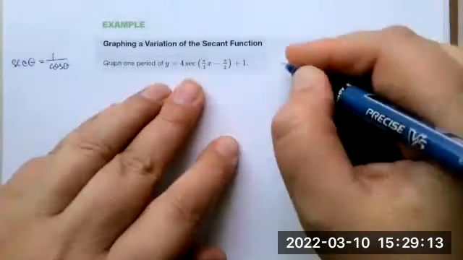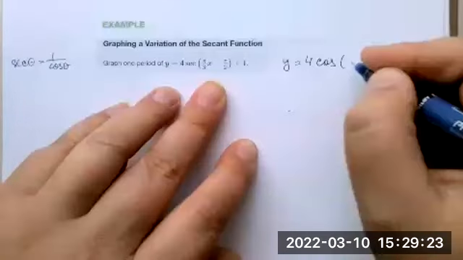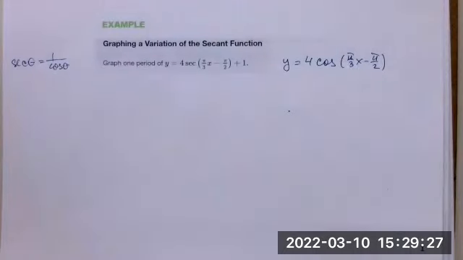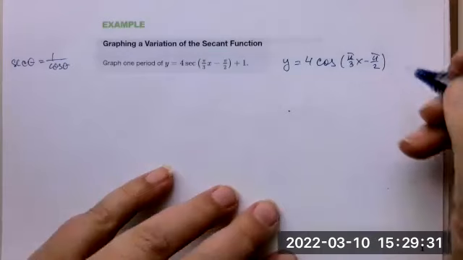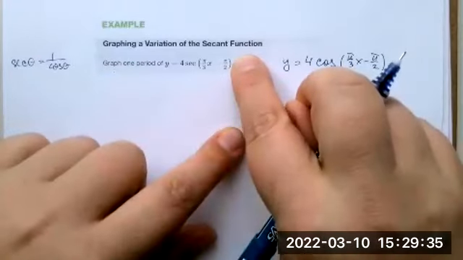So you're going to graph y equals 4 cosine pi over 3x minus pi over 2, without the vertical shift yet. Not a shifted graph. We're going to move it up 1 unit later.